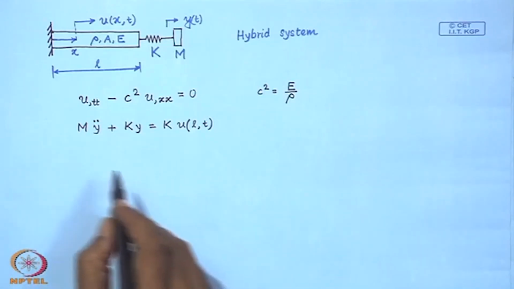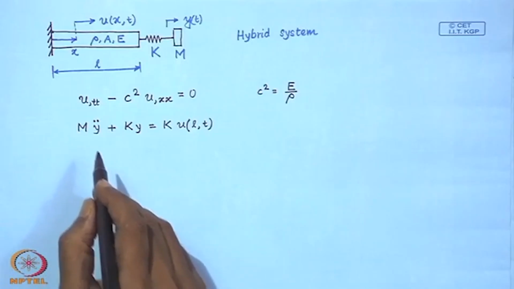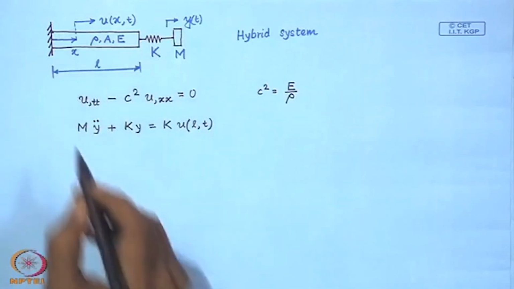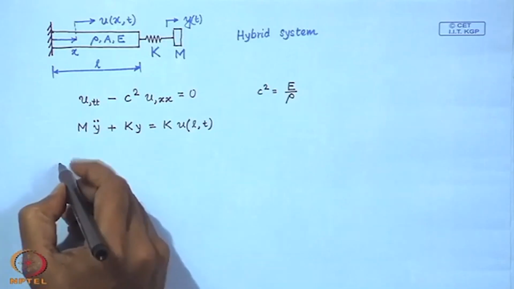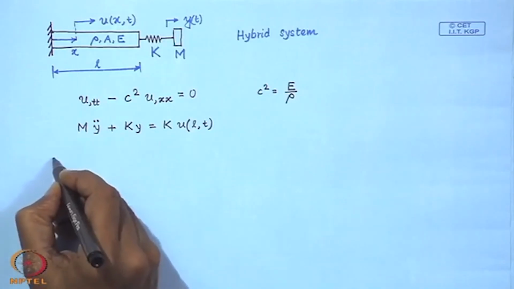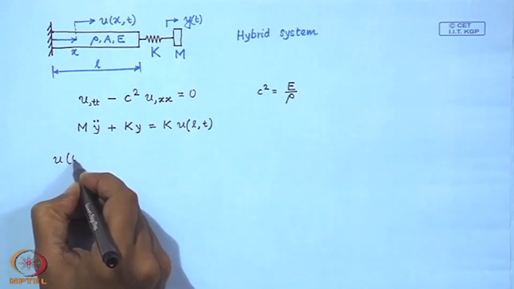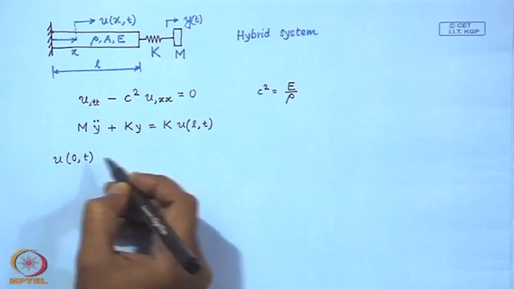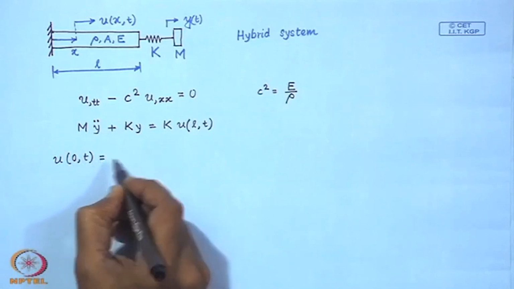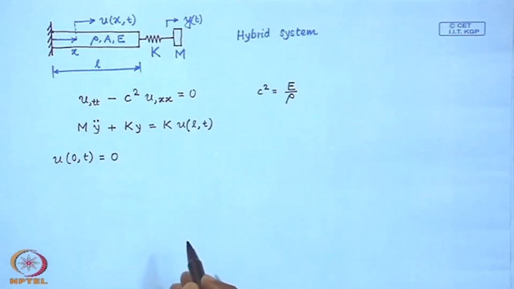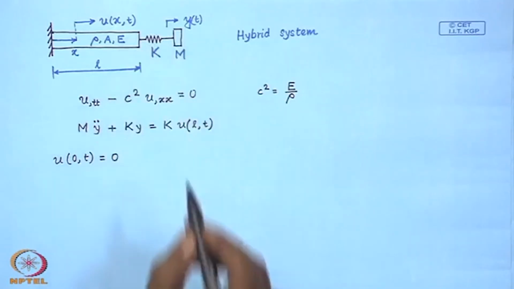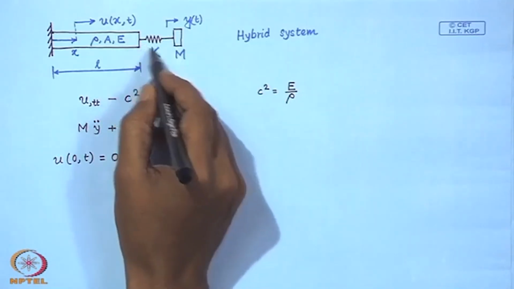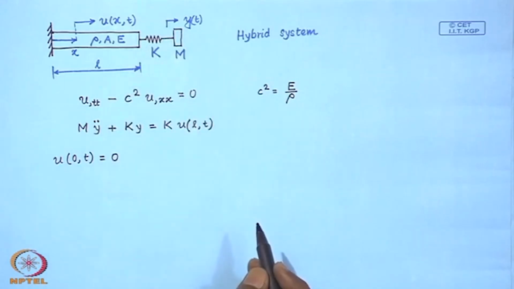Now, the boundary conditions for this bar can be easily written. So, u at 0 for all times must be 0, it is a fixed end. On the right end of the bar, we have this oscillator.